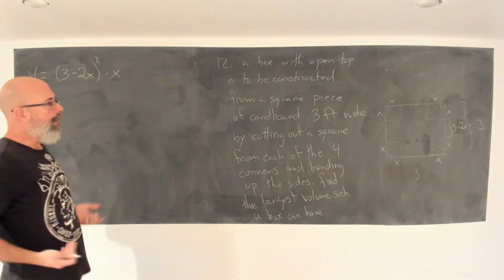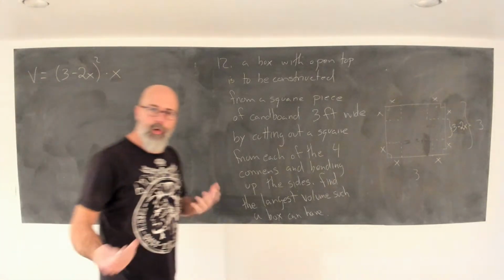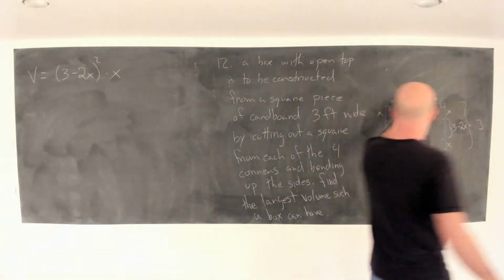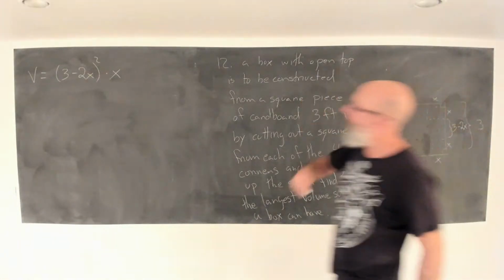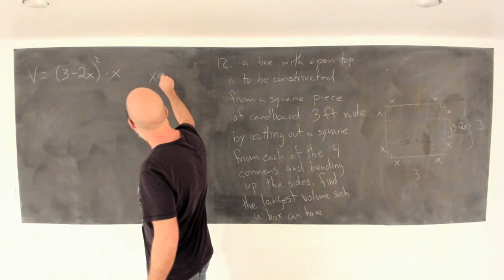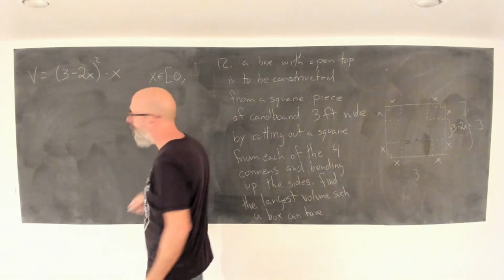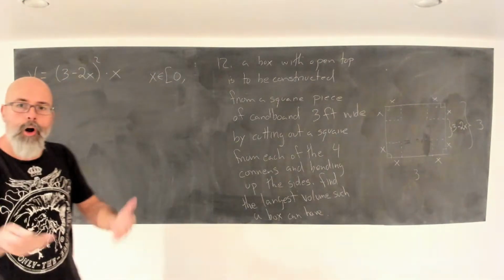Now, again, being a physical problem, we don't want to cut out a square with negative length, right? So x is going to be at least 0. How large can it be?